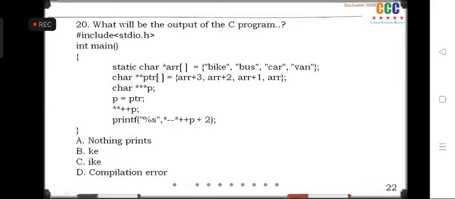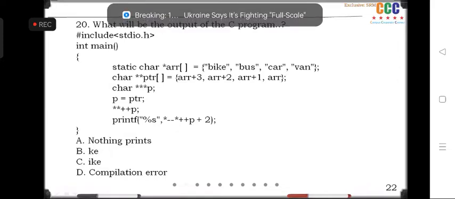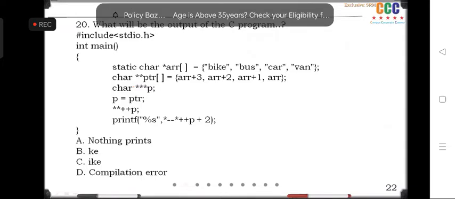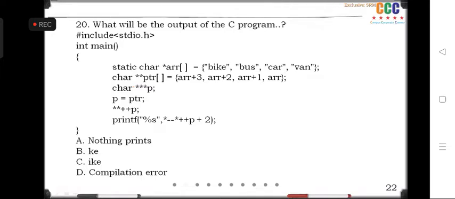So what is that? Oh, just have a look. 1 second, ma. 1 second. What happened?